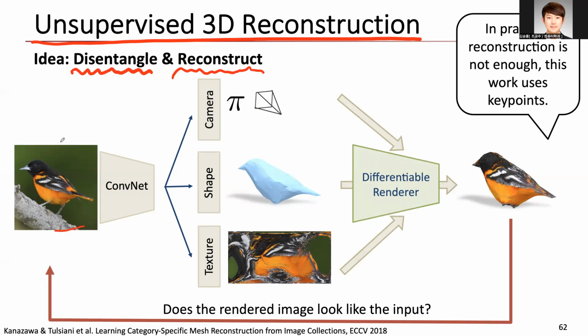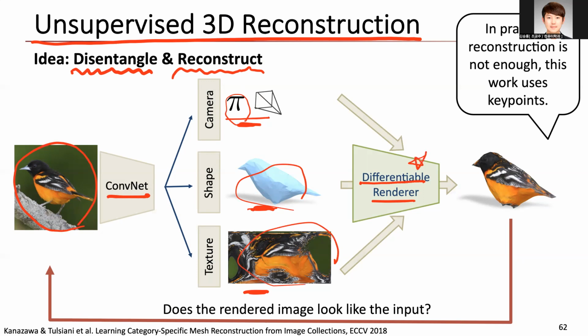If we have a single image, we can design a neural network, let's say a convolutional neural network, and generate camera pose, 3D shape, in this case a mesh, and texture information. We don't have the ground truth for this, but if we have a differentiable renderer, by using the camera and mesh and texture information, we re-render images like this.